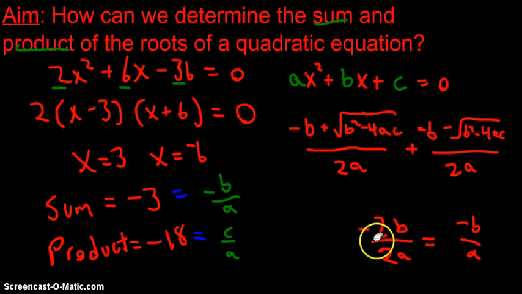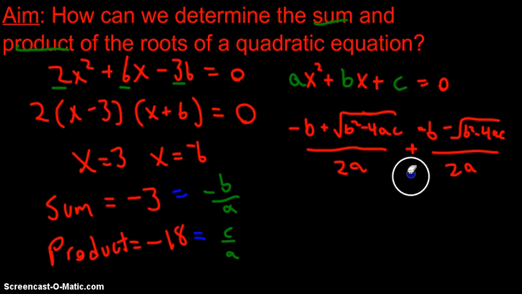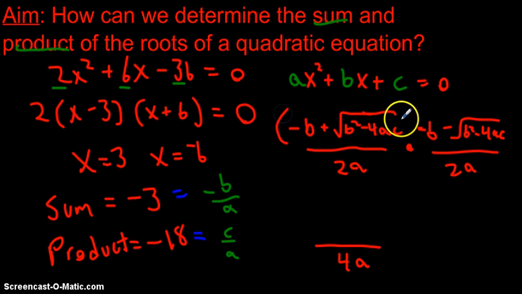Now the less fun proof of why the product of the roots is equal to c over a. Alright, so we're going to multiply these instead. So the denominator will be equal to 4a. That's much easier to figure out. The numerator is a difference of squares. If you look at this, these are the factors of the difference of squares.